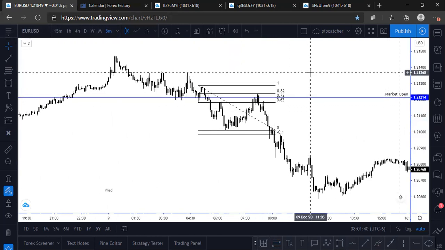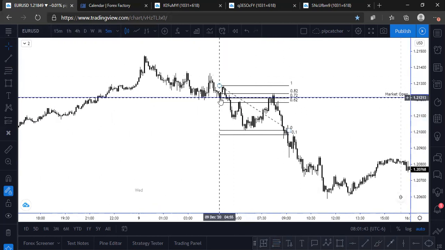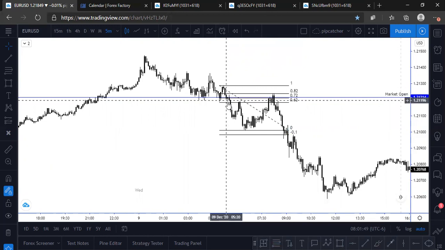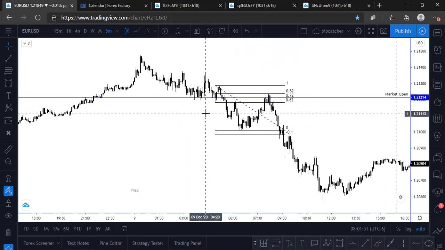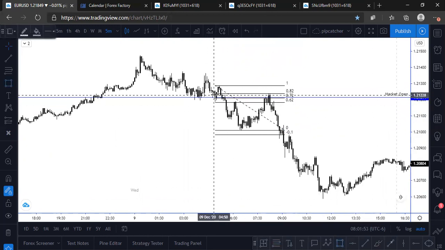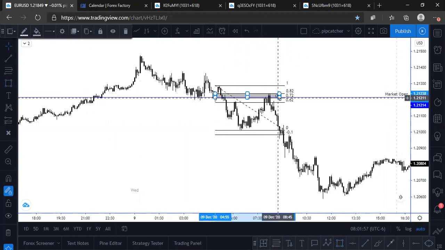So I can see maybe price could get back up into this structure or this last up candle before that structure had gotten broken. So look, I'm just going to mark off that 82.72 fib level.